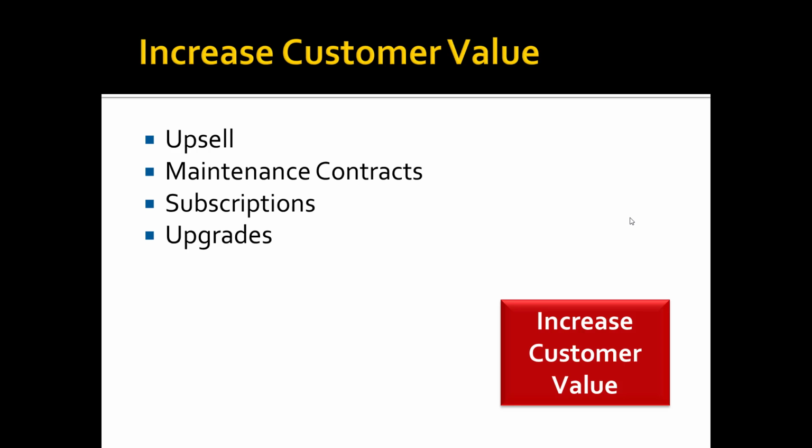And what do I mean by that? It's basically create a system so if somebody buys a product, you can have an automated email that goes out 3 weeks later saying, hey, hope everything's okay. Did you know we've got a couple of add-ons that'll make it even better? Whatever it might be. It's important to have some kind of system to increase the customer value.